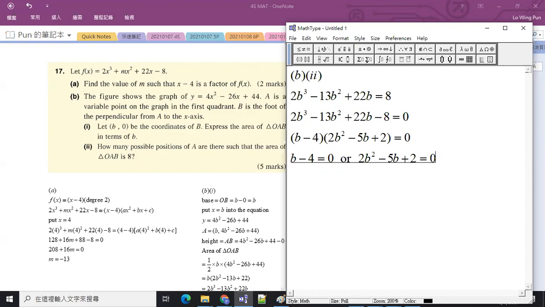Okay, because either one of them should be equal to 0 to make the product to be equal to 0. Okay, can you get the idea?